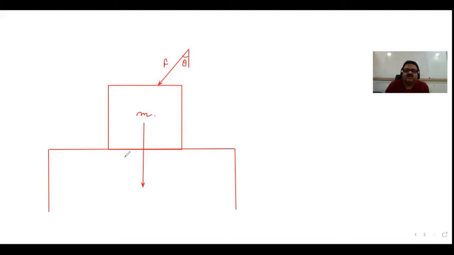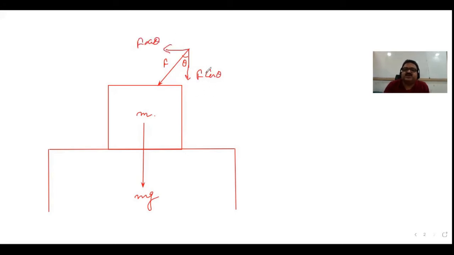And if I resolve this force F into two components, one component along this direction, that is F cos theta, another component along this side, that is F sin theta.